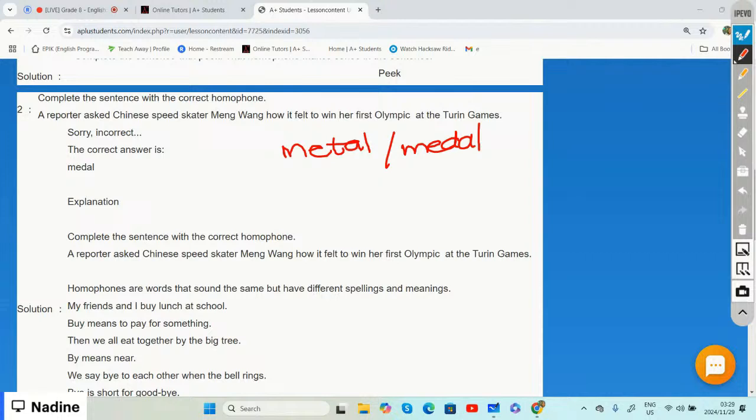We need to complete the sentence with the correct homophone. If we were to choose the correct answer, we will say it is medal, right?